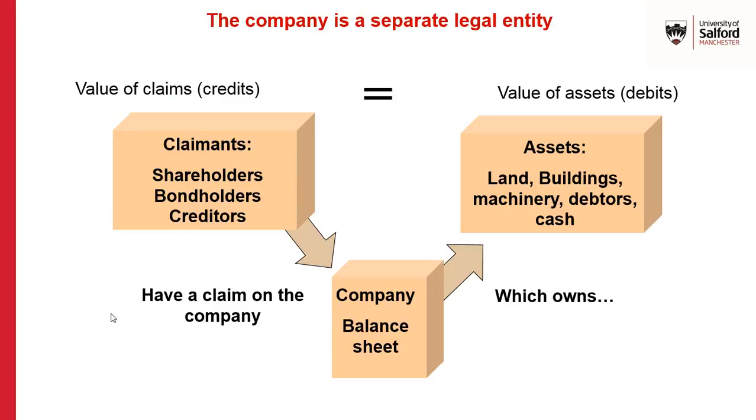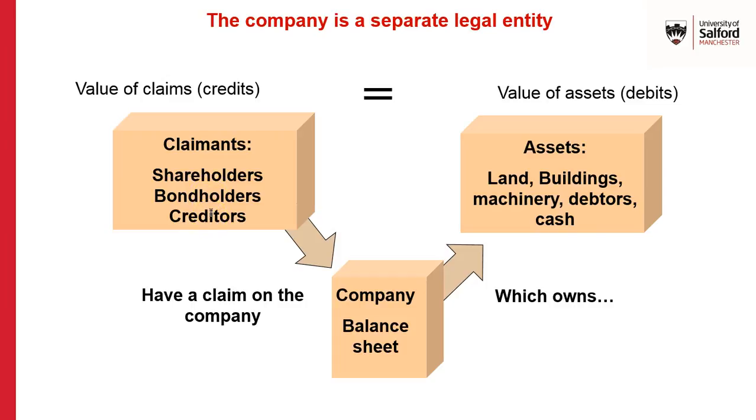Now here we have two terms that you probably will have heard of: credits and debits. Credits, normal word creditor, means the same as in normal usage. Debits is slightly different. We talked about the claimants, the shareholders, the bondholders, and the creditors.